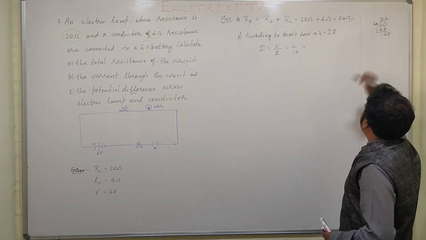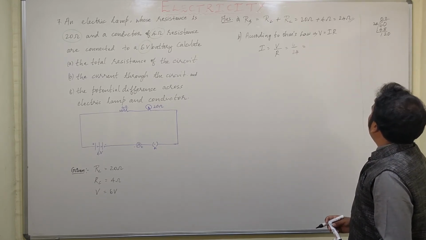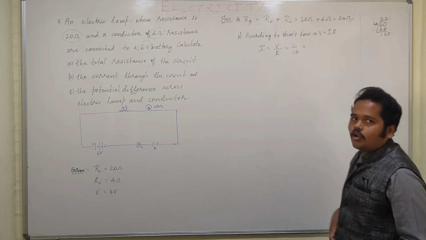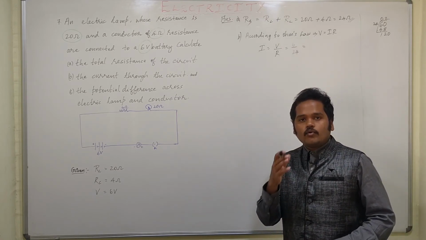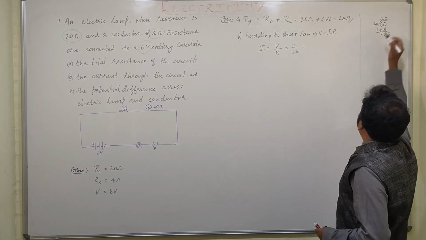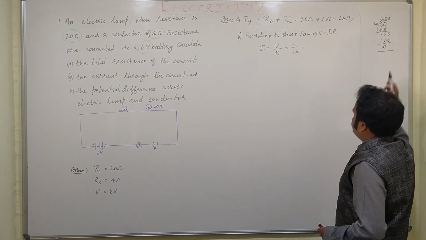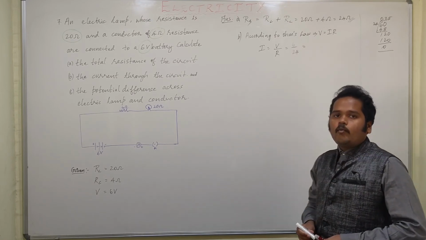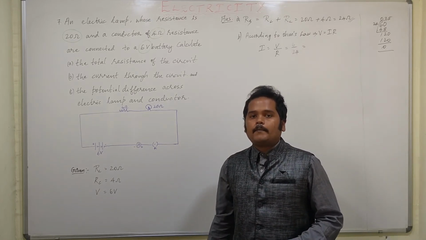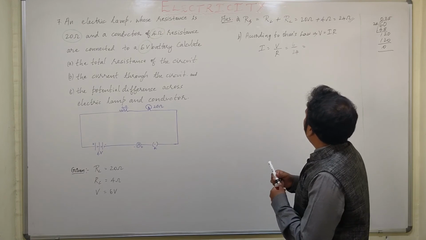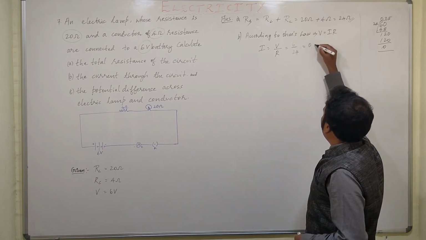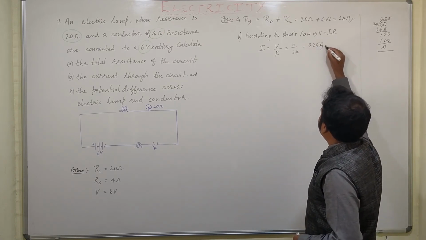So here we have 120. 24 fives are 120. So we have 0. The answer is 0.25 ampere. So we have I is equal to 0.25 ampere.